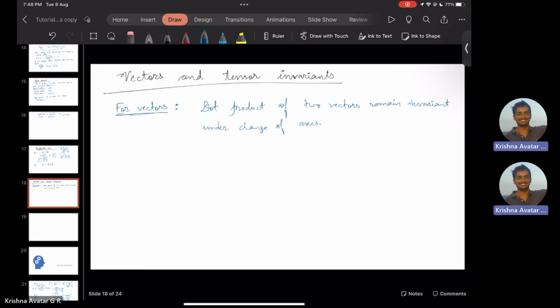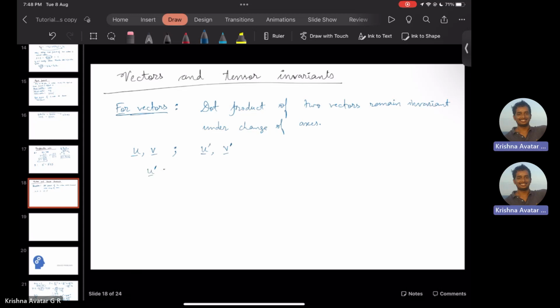Just let me show you. So say you have vectors u and v. Under a new transformed coordinate system, the component sets will be u prime and v prime.